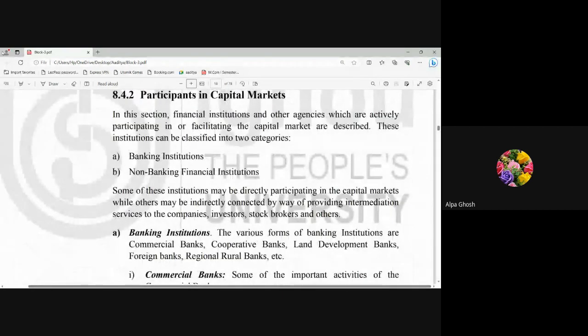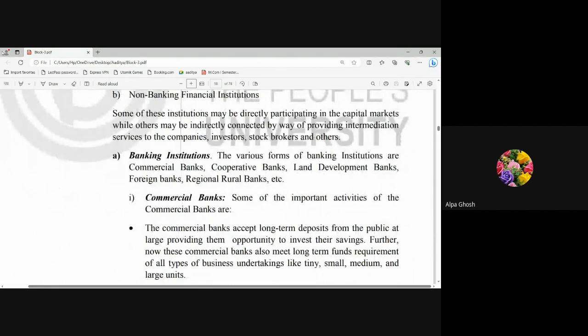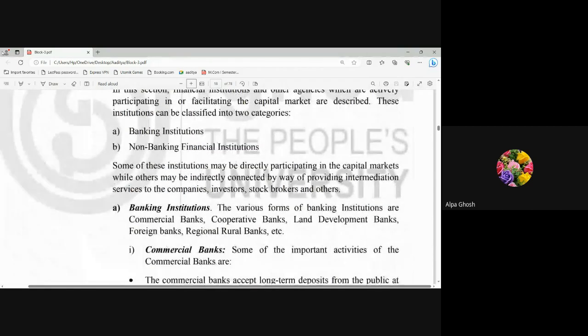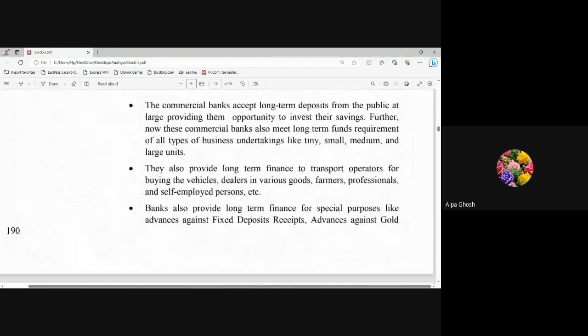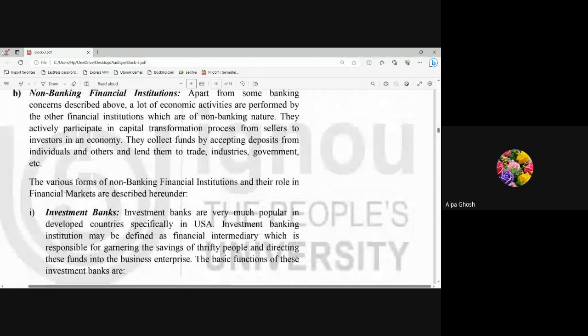And who are the participants of capital market? It is the banking institutions, commercial banks, then comes the cooperative banks, non-banking financial institutions.